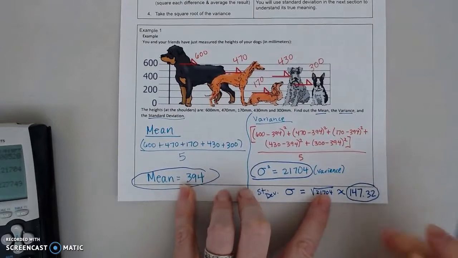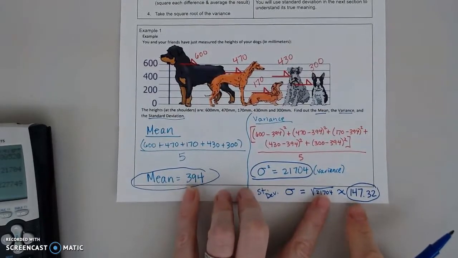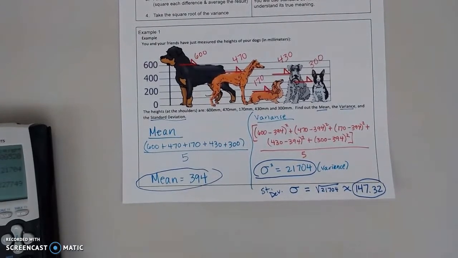Usually standard deviation is a whole number, so in that case I would just say 147. Okay, it just depends on how the question is asked. And that is how you do it by hand.